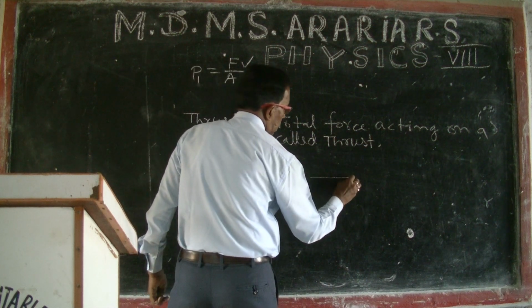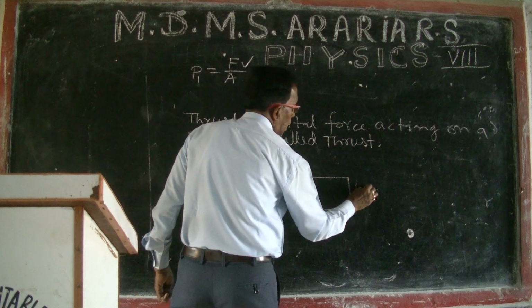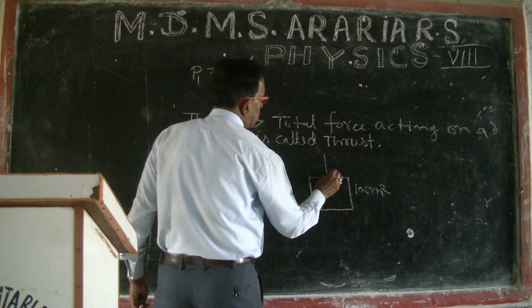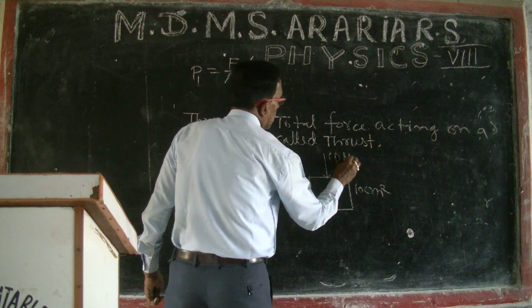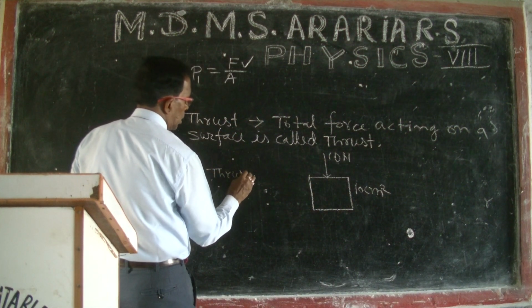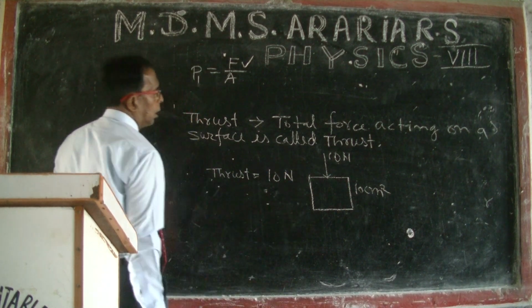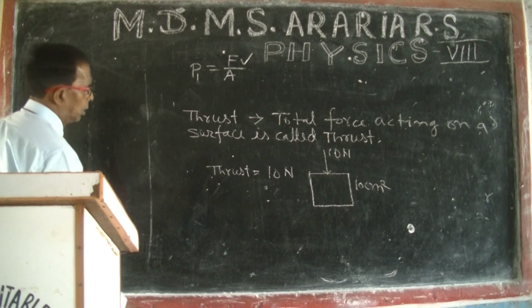Suppose it is a 10 centimeter square area, and if 10 Newton force is acting on this surface, therefore thrust on the surface is 10 Newton.